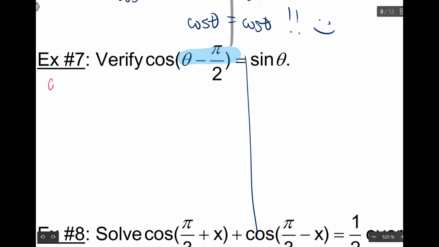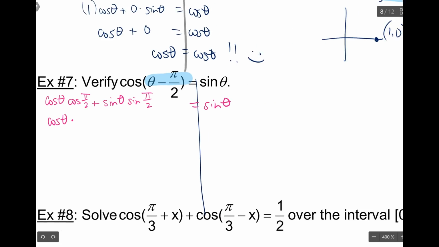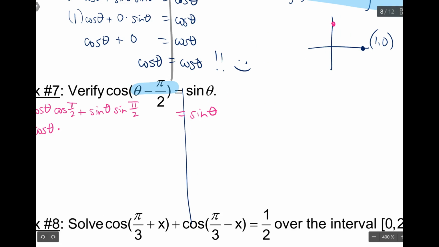Let me plug into the identity: cosine theta, cosine pi over 2. This is a minus, so it's going to be plus sine theta, sine pi over 2. Trying to prove this is equal to sine. Cosine pi over 2 is 0, so cosine theta times 0 is 0.